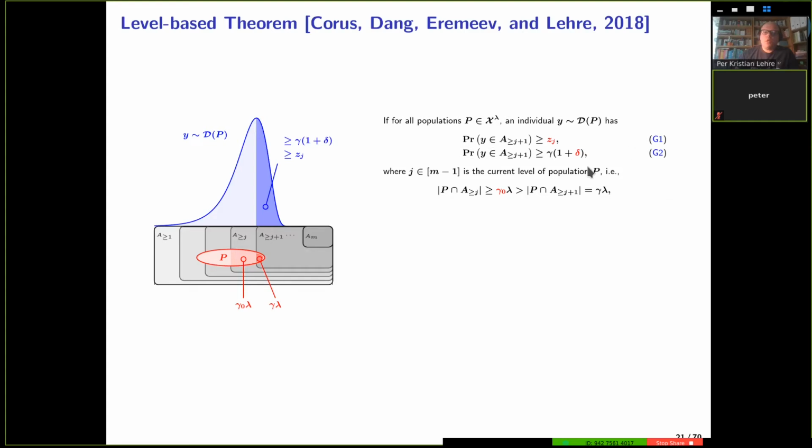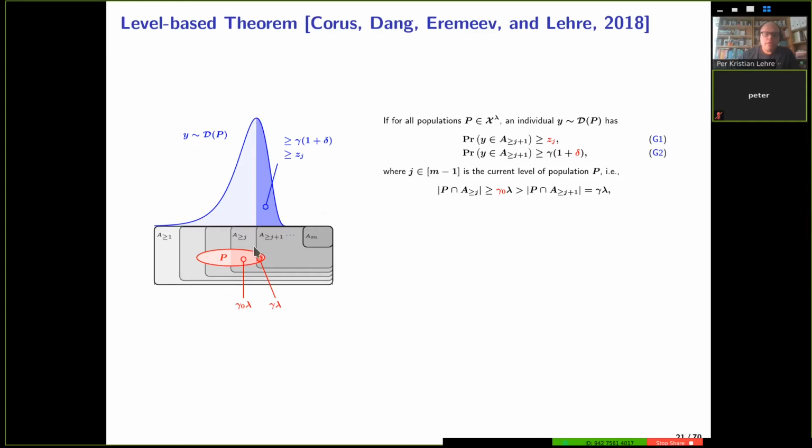Okay, if you look at this figure here, here is the search space, and this red figure is the population. Let's say we have gamma naught lambda individuals in level J or higher. If this is the case, let's say the distribution of the level is shown here in blue.